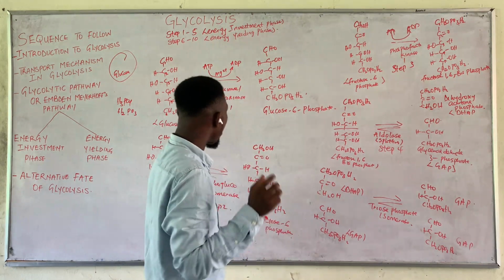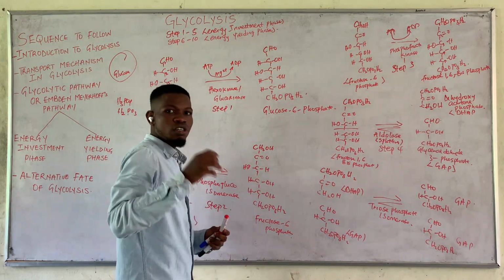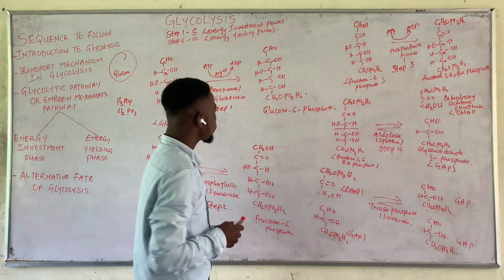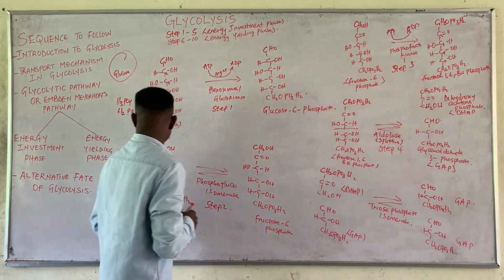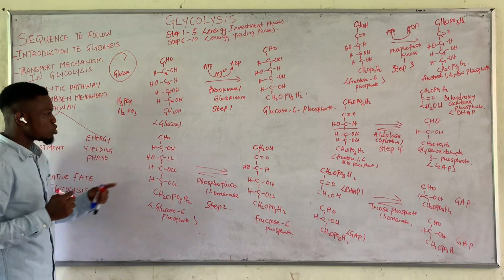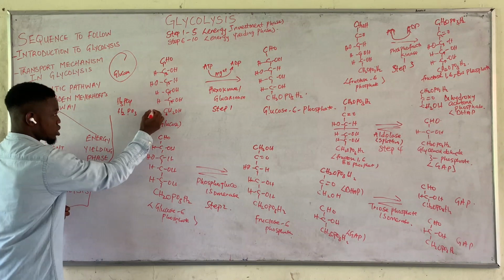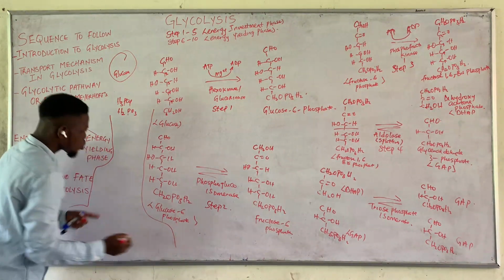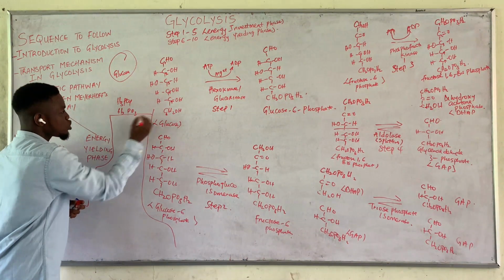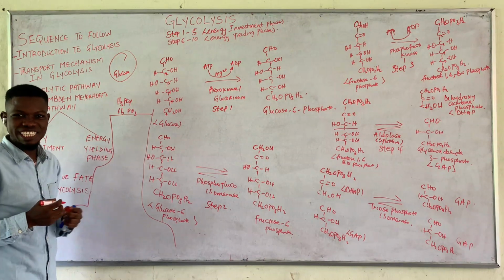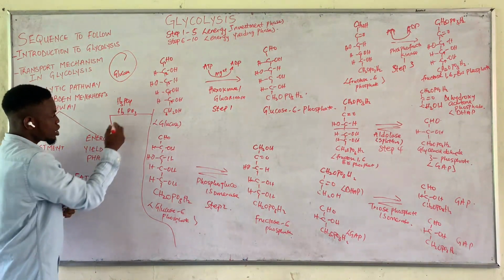So the summary of this reaction is that in the glycolytic pathway, we know that in the process of glycolysis, just the summary of the energy investment phase, that's what I want to look at.